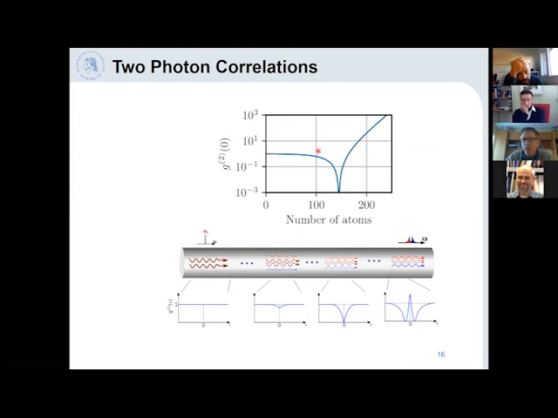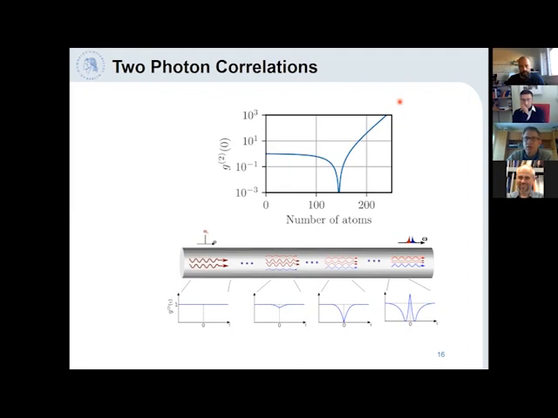But for increasing atom numbers, the value of G2 decreases because of this destructive interference and goes to 0 for a critical number of atoms. If we further increase the number of atoms, then this bunching occurs, and you expect that this actually diverges, and we get an ever increasing value of G2 for 0 time delay when increasing the optical depth.